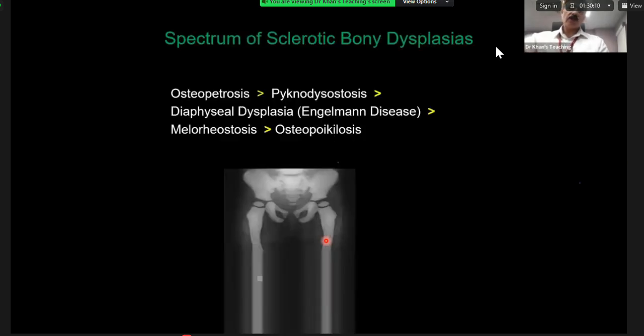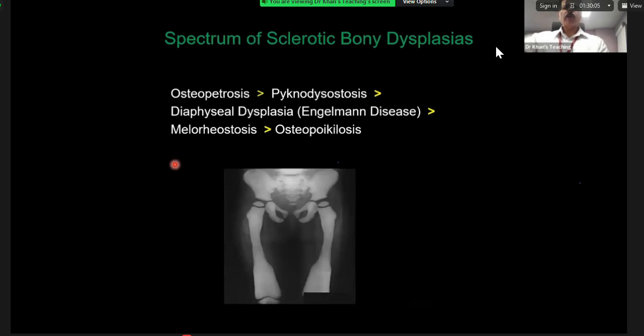This concept is extremely important for you to remember. If you go back to the metabolism of bone, we know that there is a concept of bone remodeling. There are osteoblasts and there are osteoclasts.